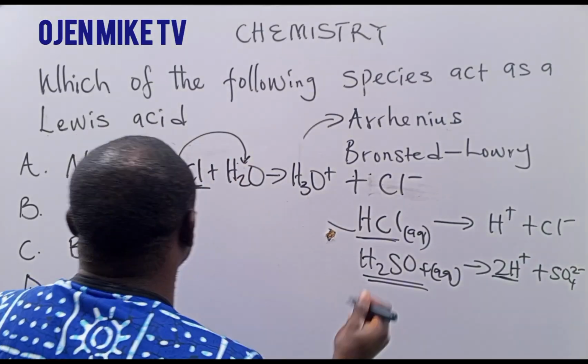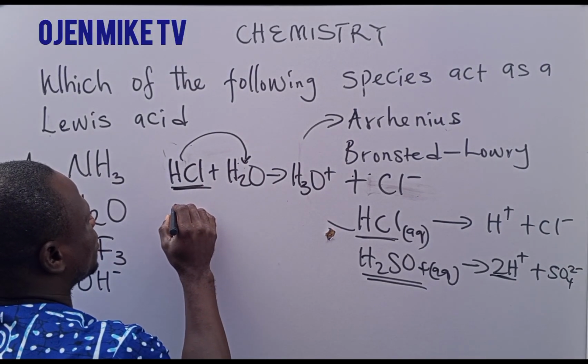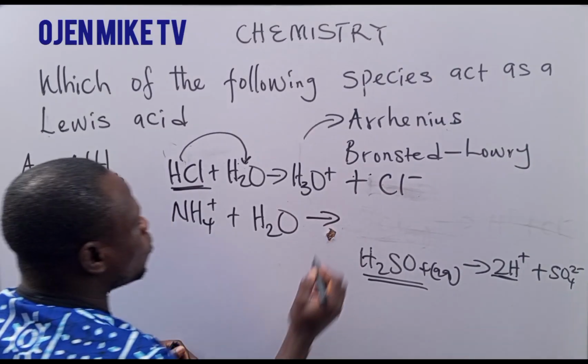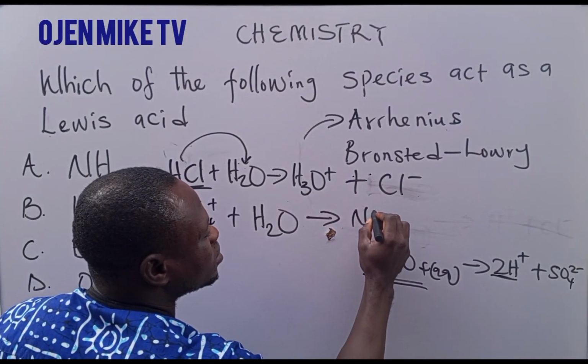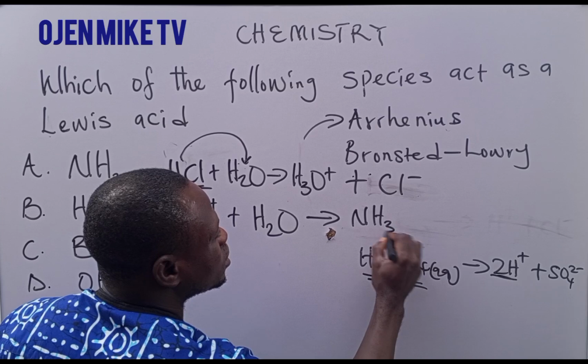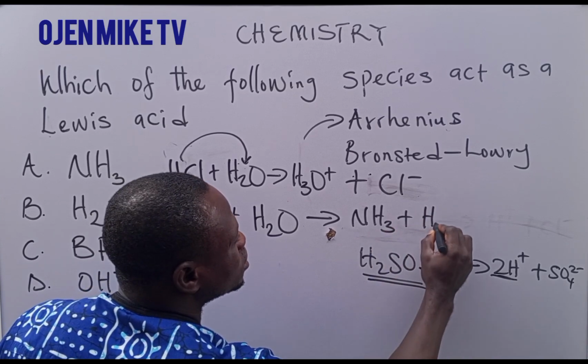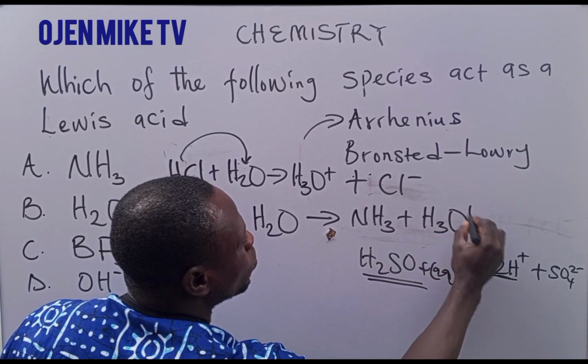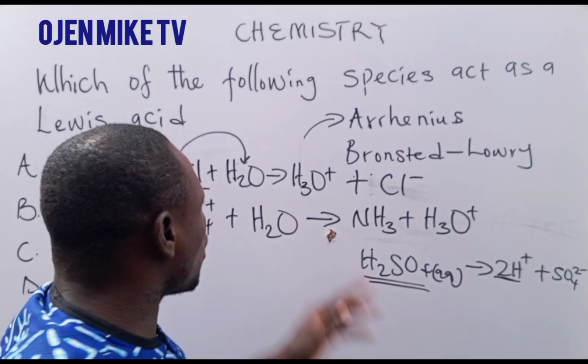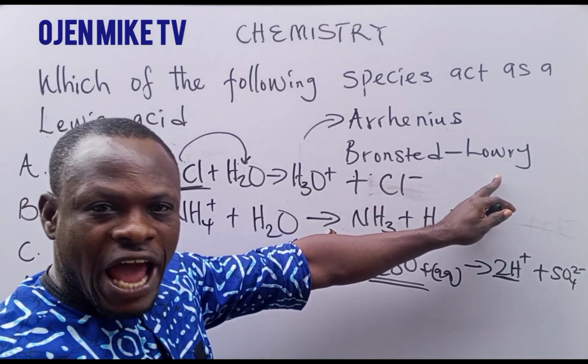Another example is NH4 plus plus H2O giving NH3 plus H3O plus. This is another example of a Bronsted-Lowry acid.